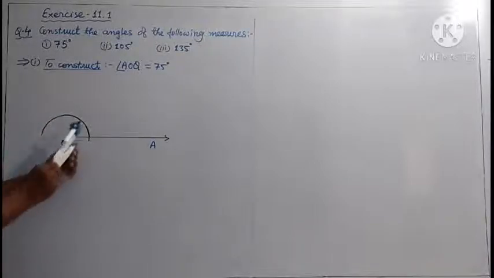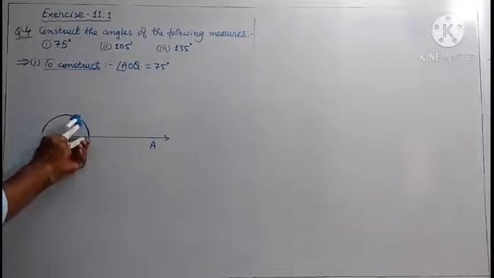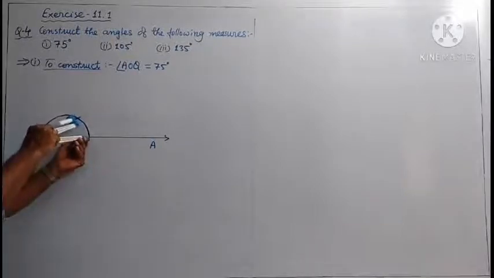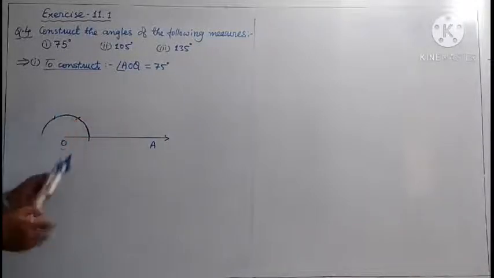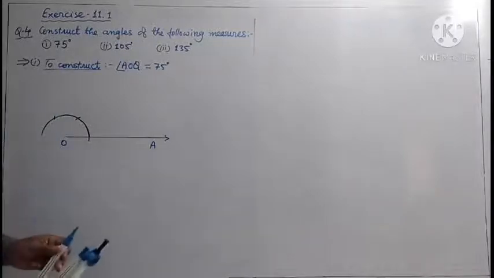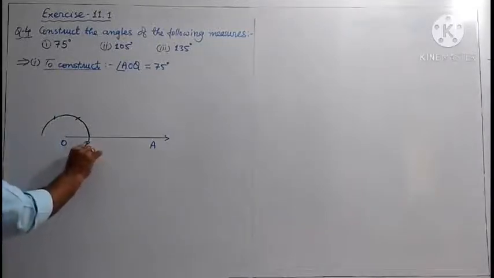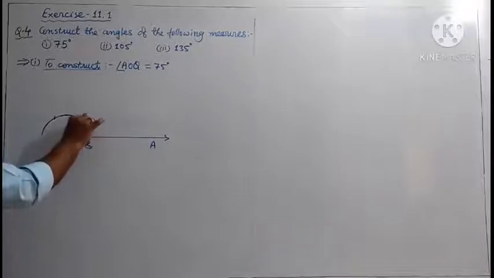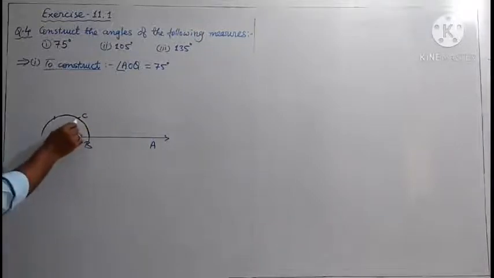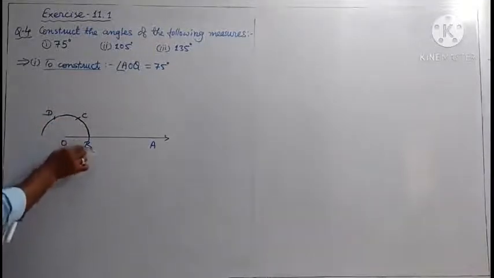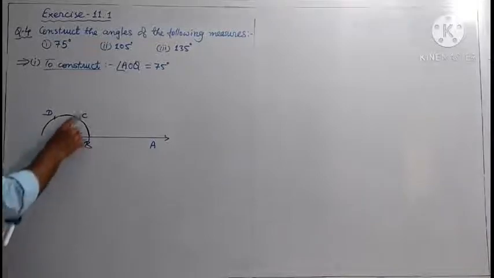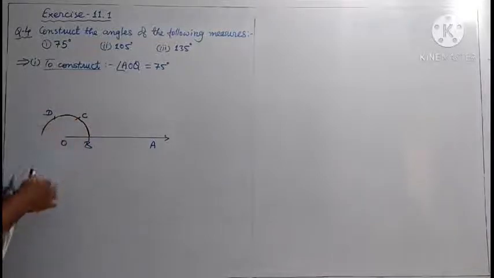Now taking this point B as a center and convenient radius, we have to draw the arcs, which give us points C and D. So taking B as a center, we get the arc, point of intersection C. Taking C as a center, we get D. And as you can see here, angle BOC is 60 degree and COD is also 60 degree.